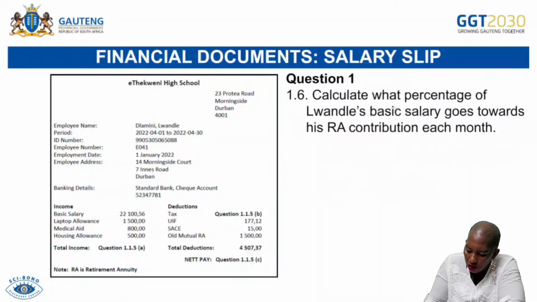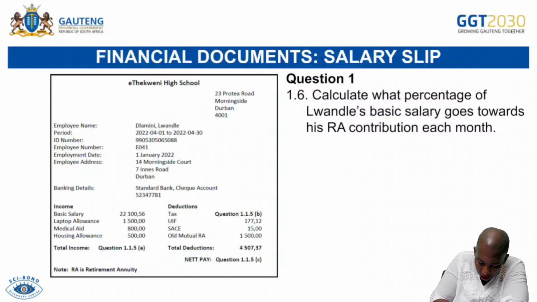Now it says, calculate what percentage of Lwanda's basic salary goes towards his retirement annuity contribution. So what is Lwanda's basic salary? Here's Lwanda's basic salary. And then the retirement contribution is what? Old Mutual RA, it's 1,500.